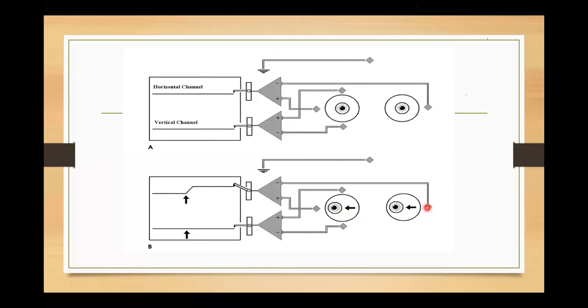Clear? When the eye is looking in one direction, the electrode which is closer to the eyeball, meaning the retina, will record the positive charge, and this will have negative charge now. So you will see negative and positive.